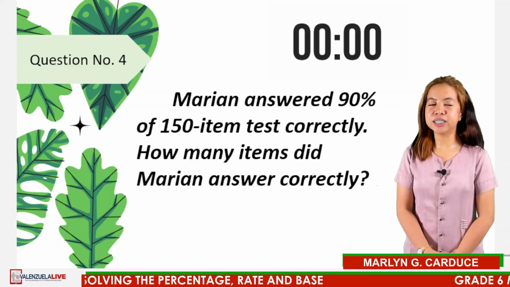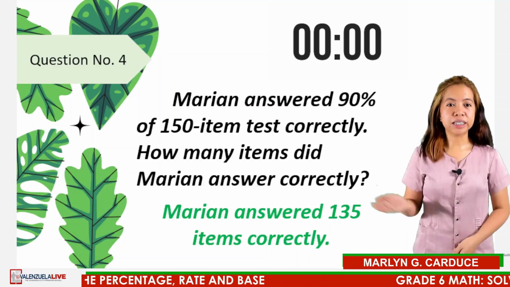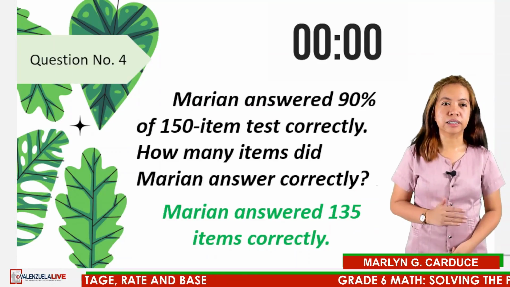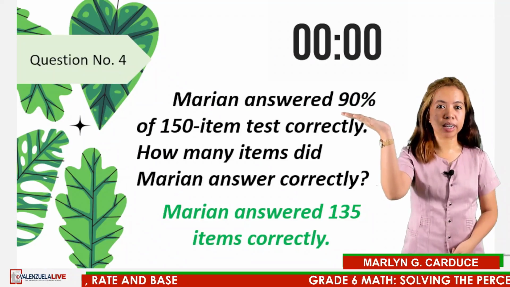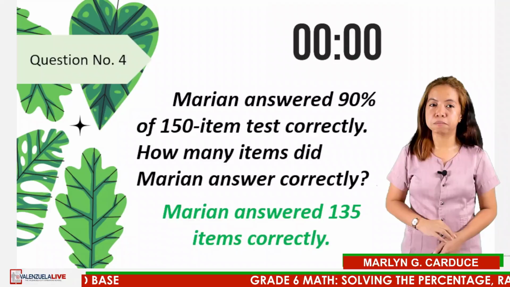Okay, so the correct answer for this question is 135 items. So 90% will be our rate and 150 item test will be our base.